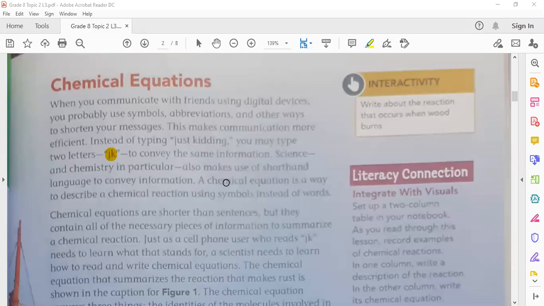Now, what is a chemical equation? It is a way to describe a chemical reaction using symbols instead of words. This is the meaning of chemical equation.